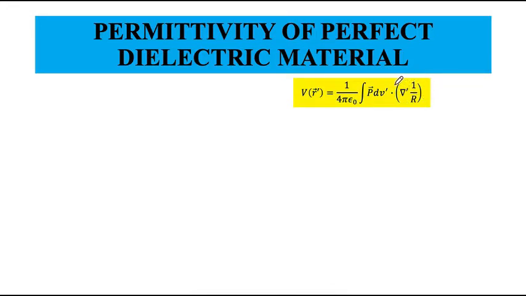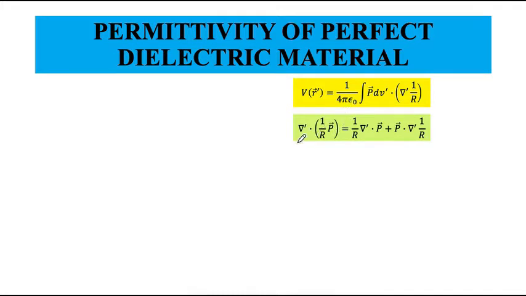Now we will be using another vector identity, and that vector identity is del dash dot (1 by r into P). Okay, so the divergence of this. I am hoping that you remember this, the divergence of a scalar times a vector.